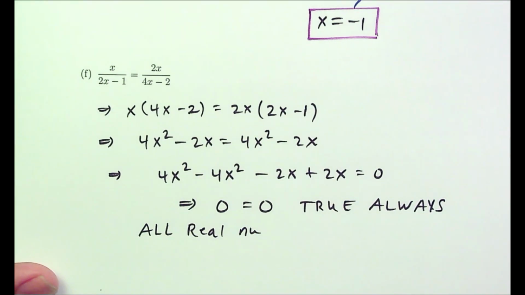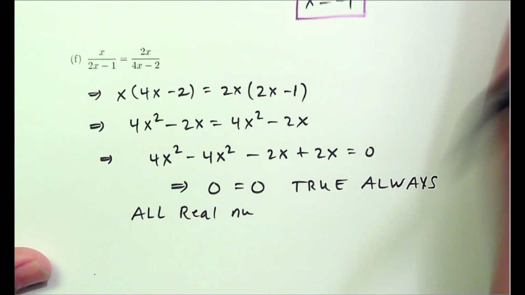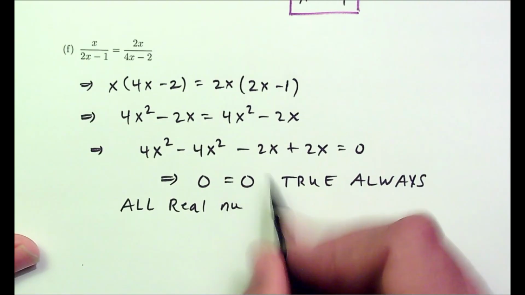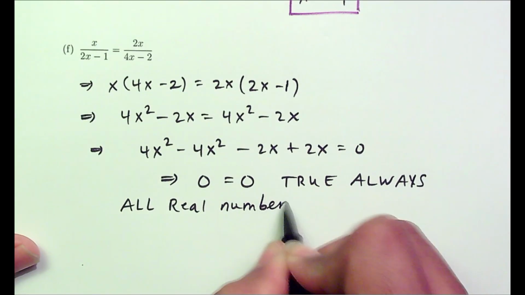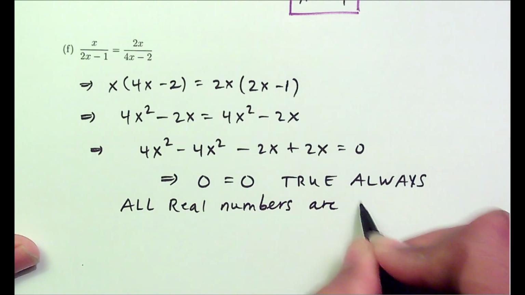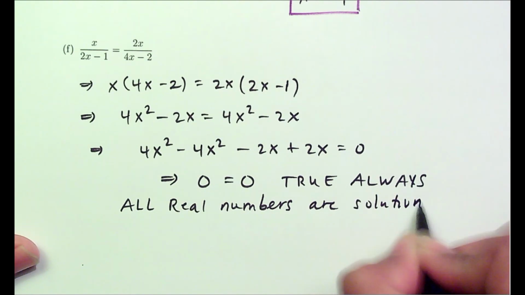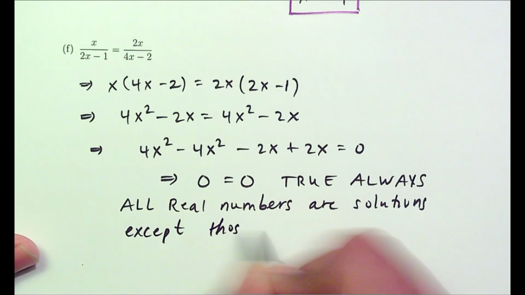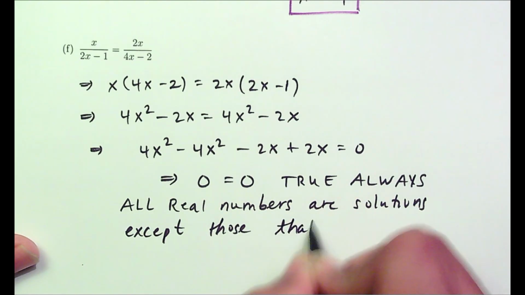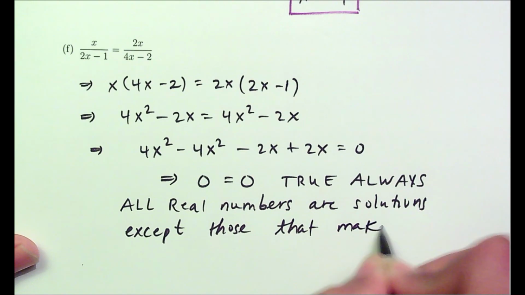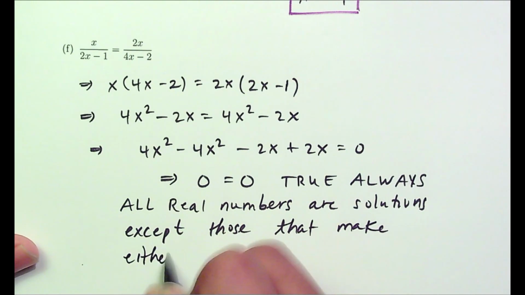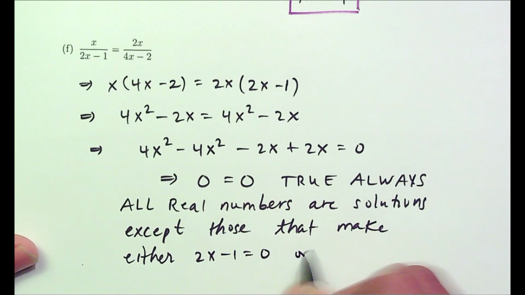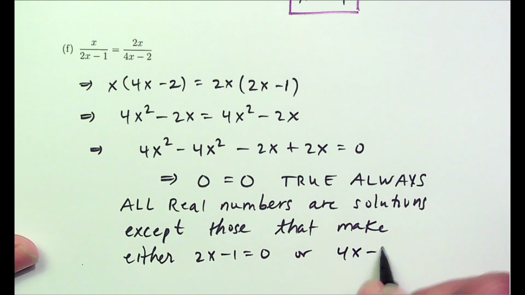So that means any number is a solution, except when the original equation becomes 0 on the bottom. So all real numbers are solutions, except those that make either the first denominator equals 0 or the second denominator equals 0.